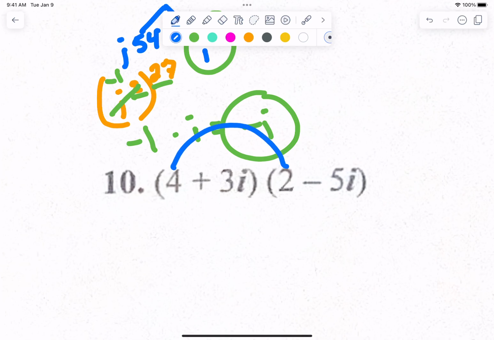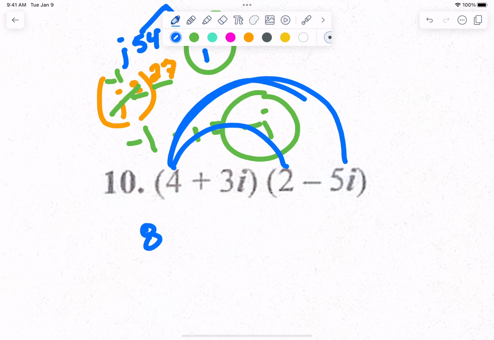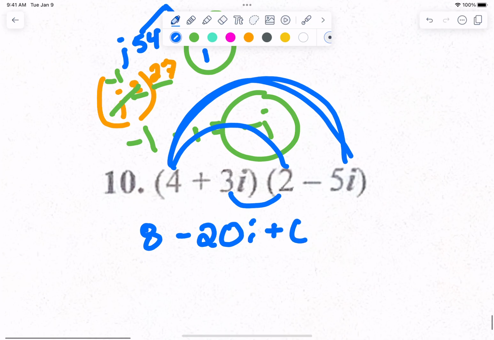4 times 2. That's my first piece. That is 8. 4 times negative 5i. What's 4 times negative 5i? Negative 20i. What's 3i times 2? Plus 6i. What's 3i times negative 5i? Negative 15i squared.